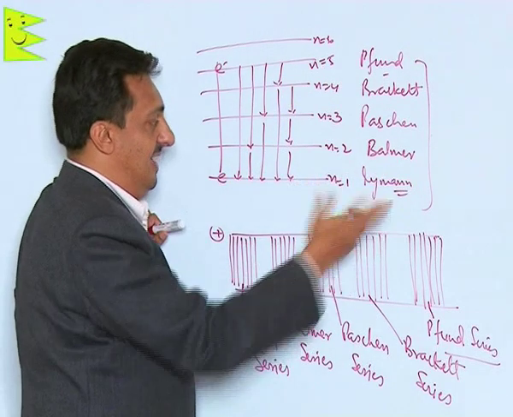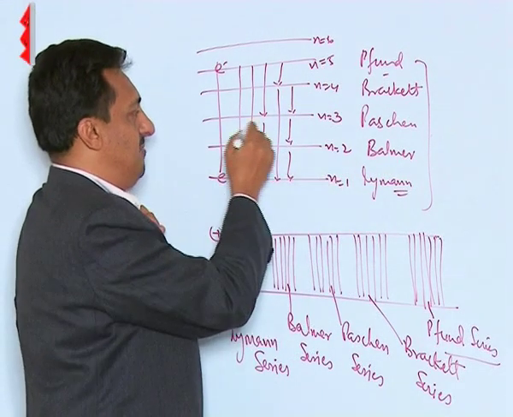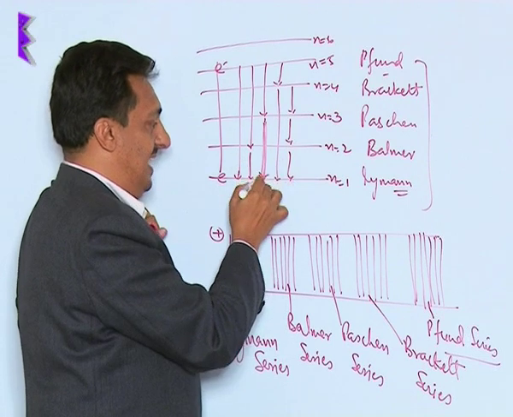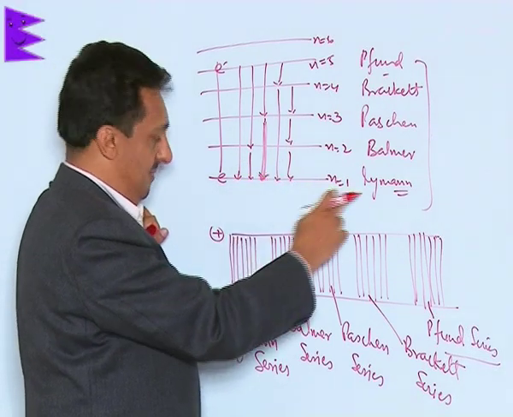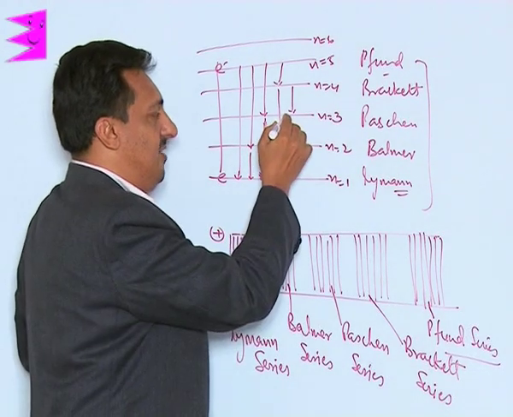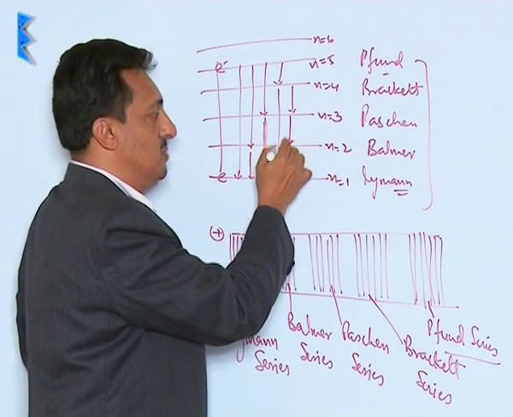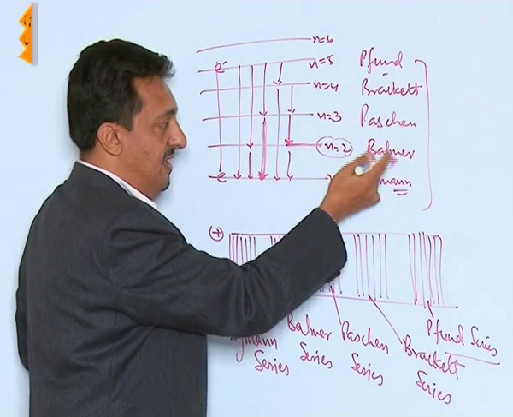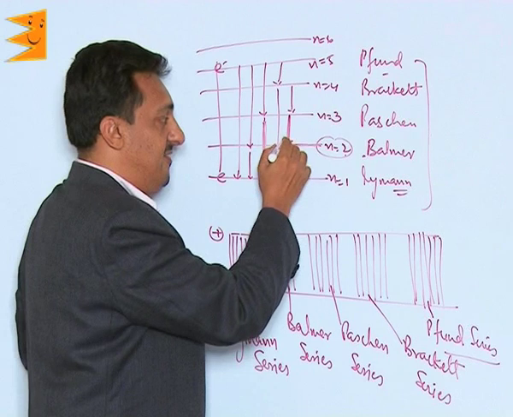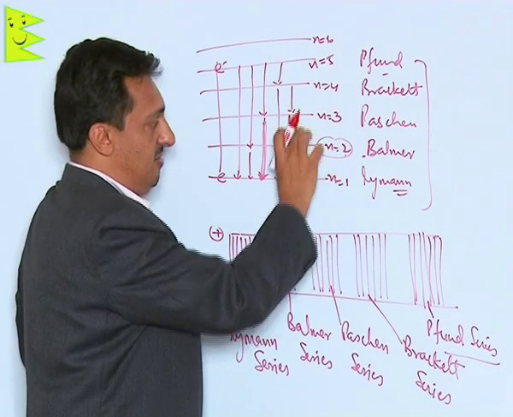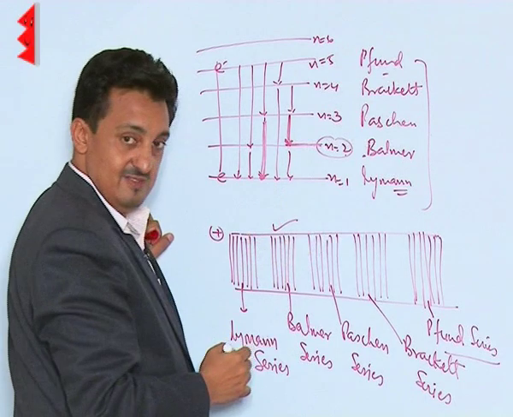So this is how we have it, and since the energy differences of these orbits are fixed, any transition will fall into these series. Suppose an electron is making a transition from 3 to 1. Since it is coming back to the first orbit, this line will be in the Lyman series. If an electron makes a transition from 3 to 2, it is coming to the second orbit, so the line corresponding to this transition will be in the Balmer series.